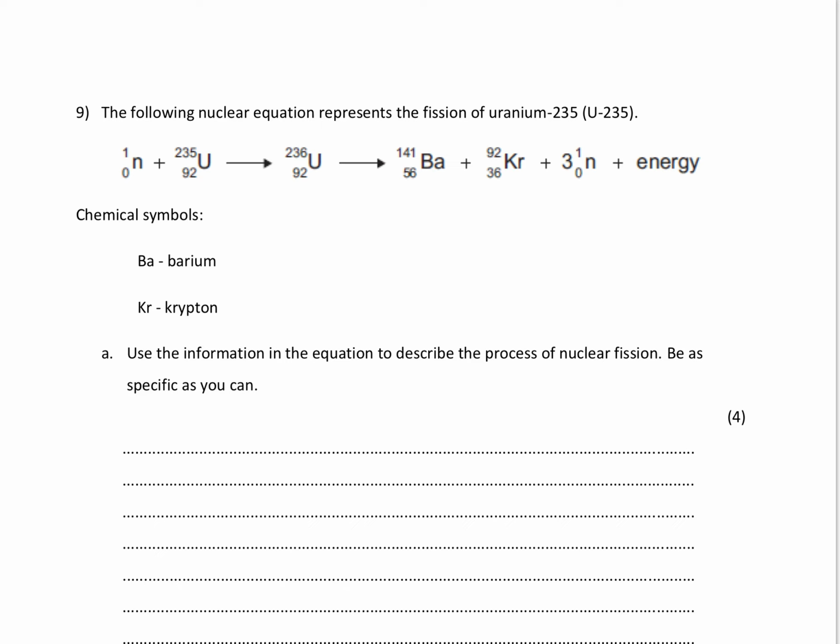So, the main points then. A slow-moving neutron, for 1 mark, is absorbed by a uranium-235 nucleus. Now this is really important. Atoms have nothing to do with this. We're not interested in electrons, we are only interested in the nucleus.